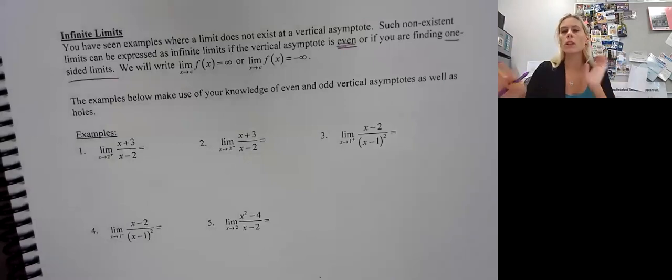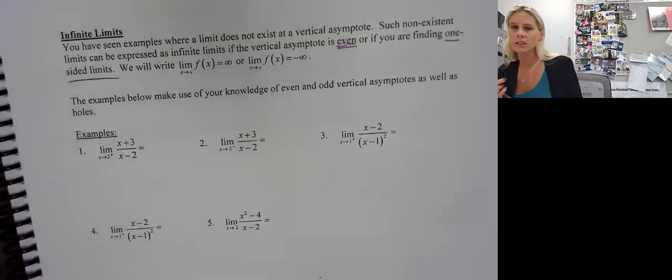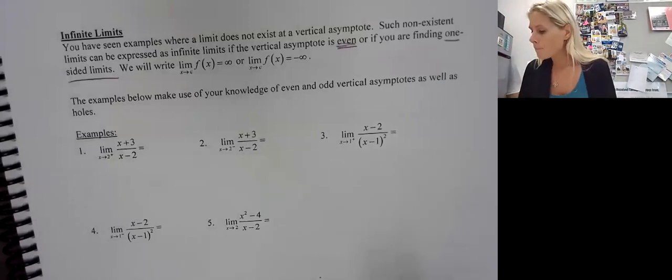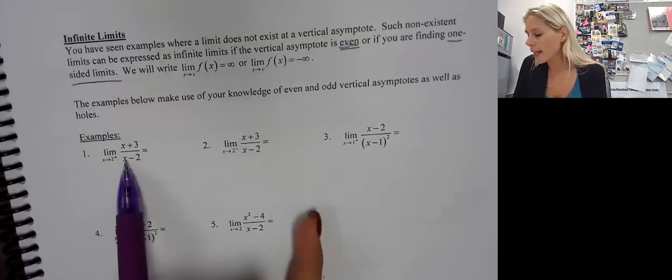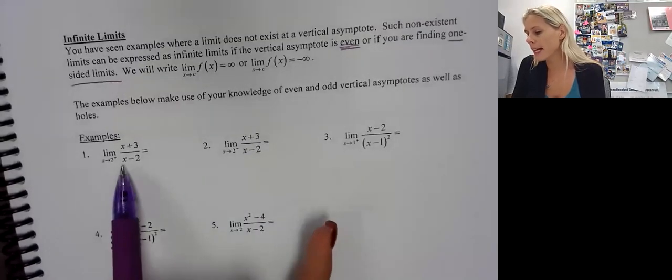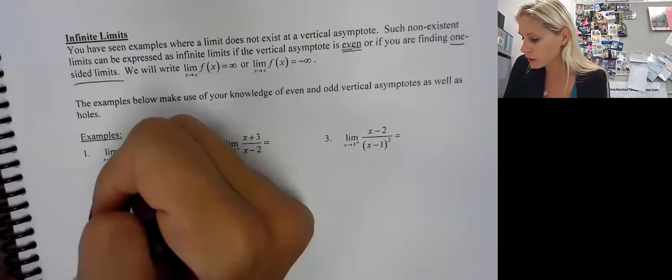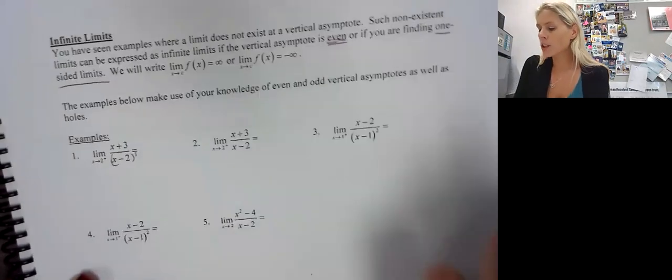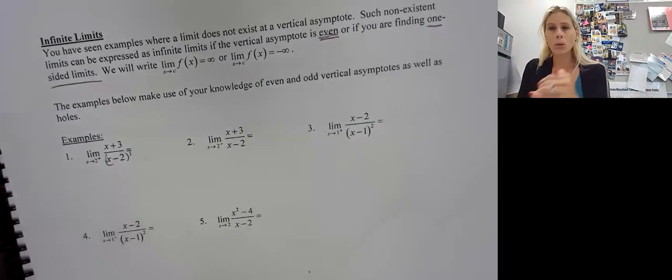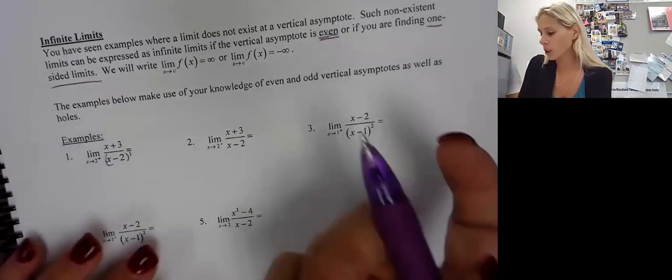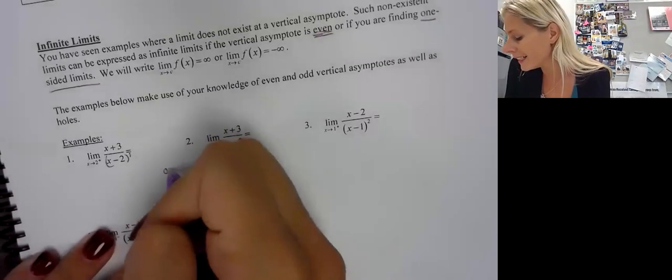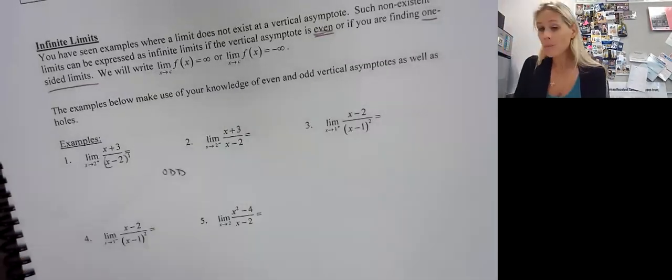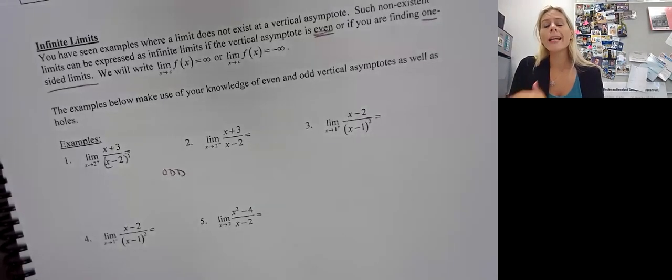The examples below are your odd and even vertical asymptotes. So let's talk about this. First of all, if you look at the denominator here, this is x minus 2 to the first. So first is an odd asymptote, which means they go in different directions. Since it is odd, what we have to do is check the left and right side.